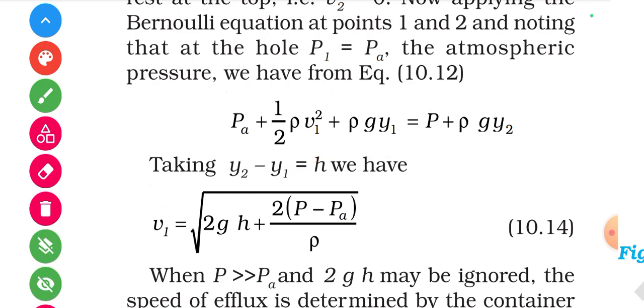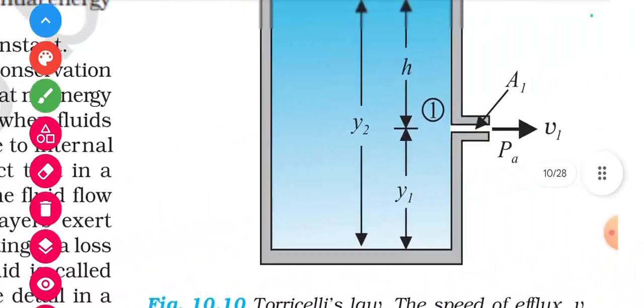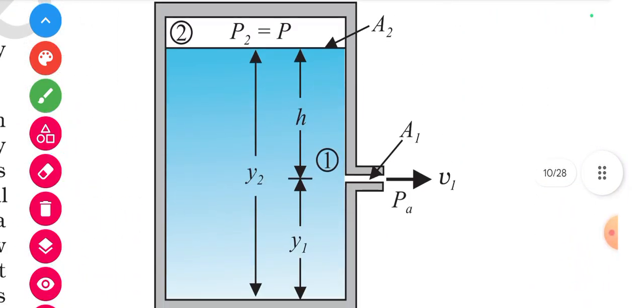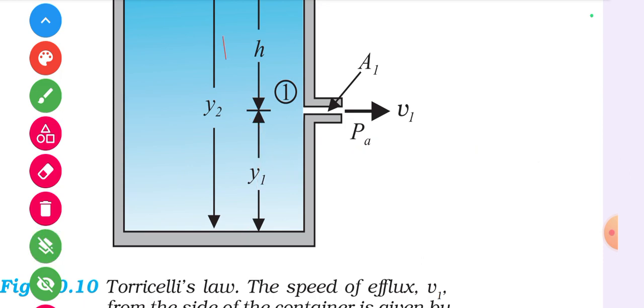And we can now shift this side, taking the pressures on both sides. pa this side, so it will be p minus pa, and the rest to this side. Rho g will be common, so we get y1 minus y2. You can see from the diagram, y1 is this part and y2 is this part, so the difference is h.